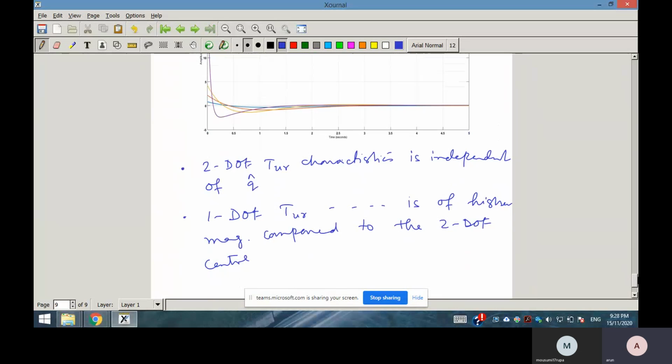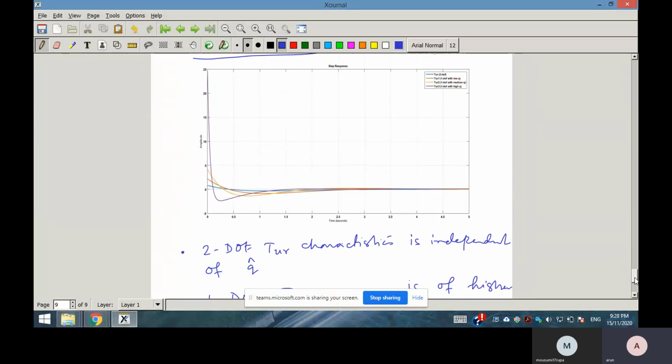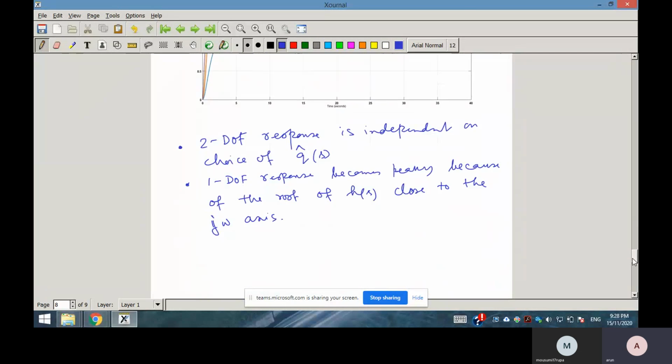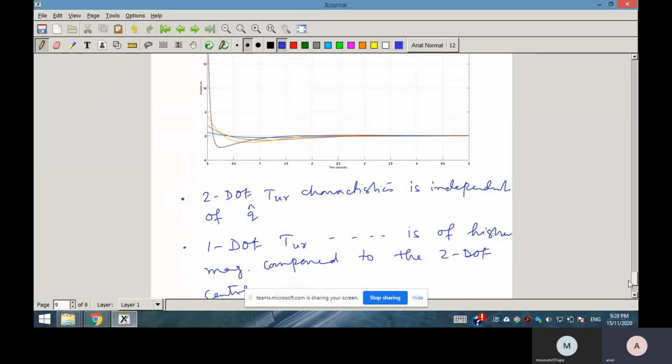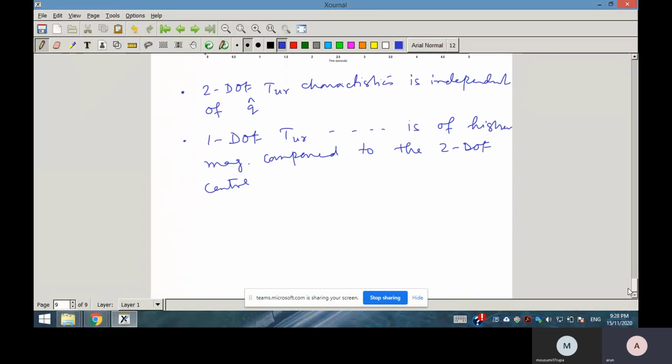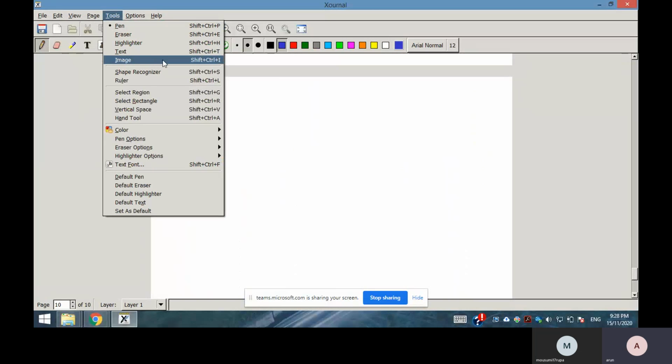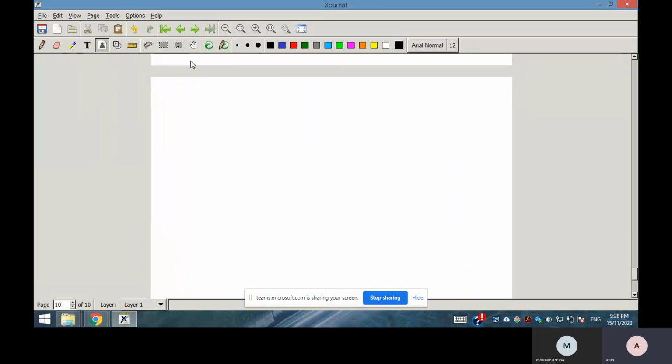Now what we have seen so far is that in case of tracking characteristics or control effort characteristics, we have got huge improvement using 2 degree of freedom control. But now we'll see in case of loop shaping, the sensitivity approach, or complementary sensitivity plot, or loop transfer function plot, what kind of advantage you will get and whether we'll get any advantage at all.